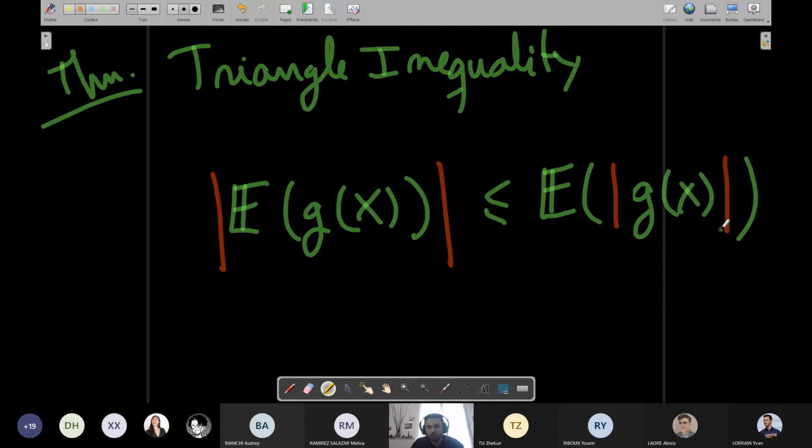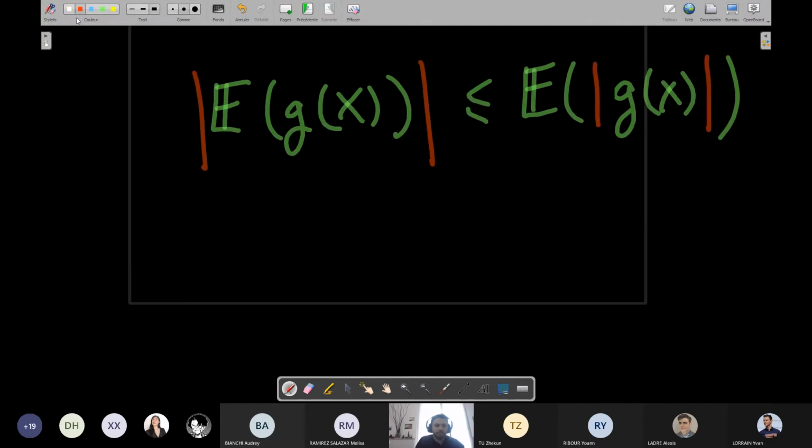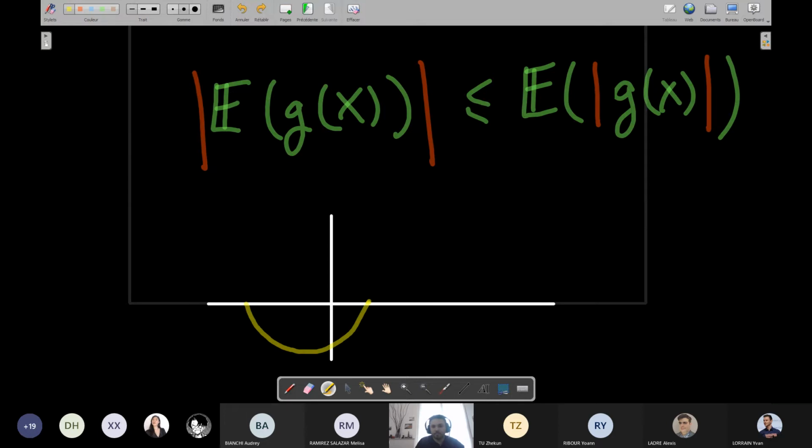Again, this is super easy to be convinced of. Take a function, this function is g of x, let's say this one. What's the absolute value of g? Well, it's the symmetric here. This is the absolute value of g. What's the integral of g?